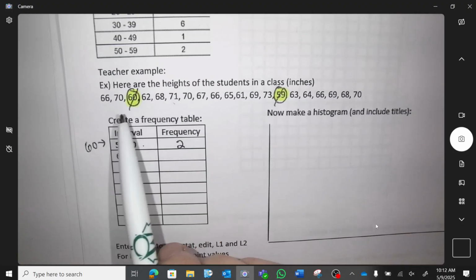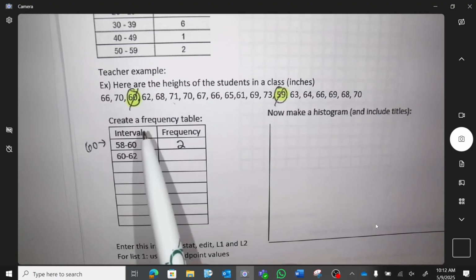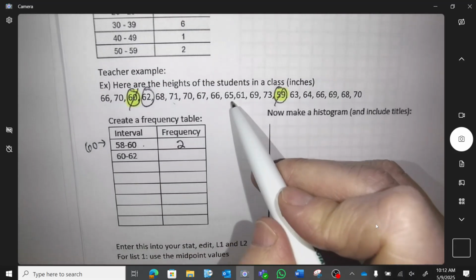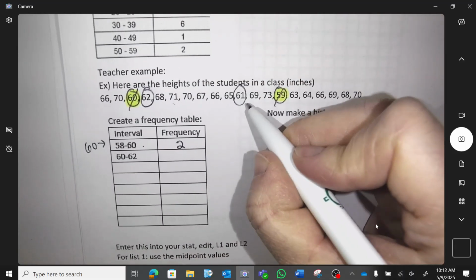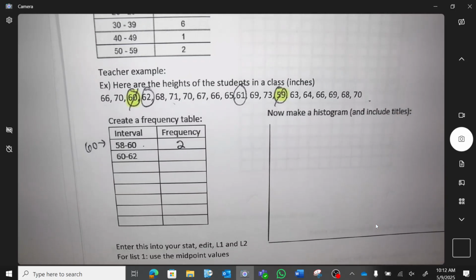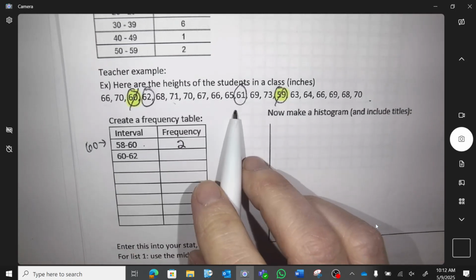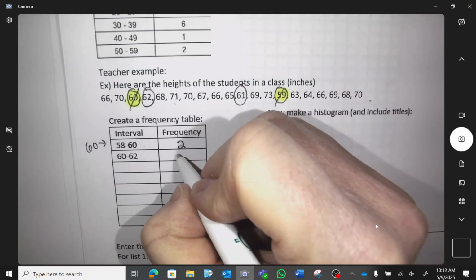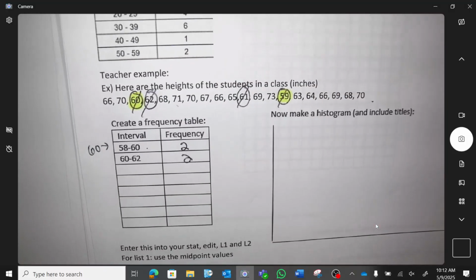Go ahead, look for 61s or 62s. Anybody get any different than 2? Or am I good? 2? Okay, I'm going to cross them off.